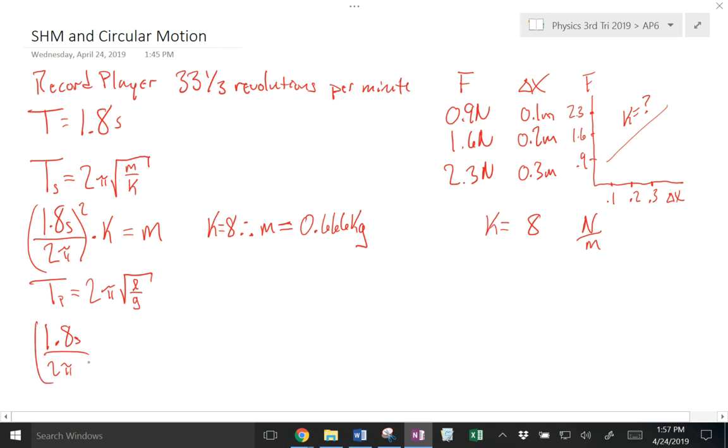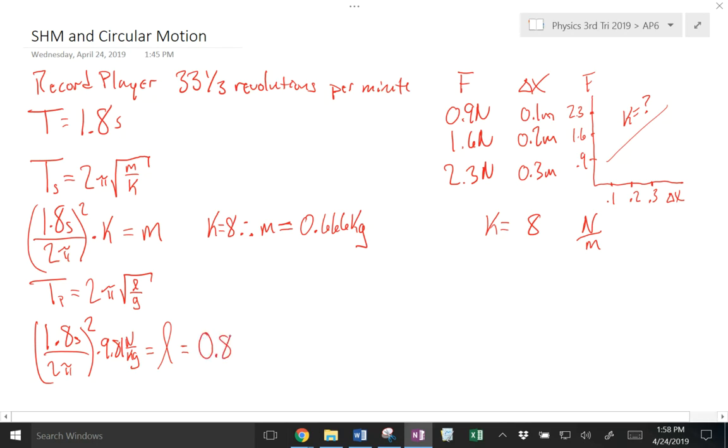Oops, I forgot to square that there. So T over 2 pi equals root L over g. So then we square both sides, and then we multiply by 9.81 newtons per kilogram. That'll give us the length.